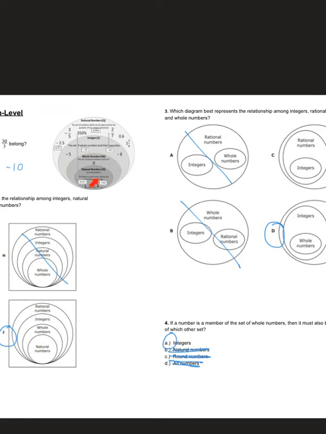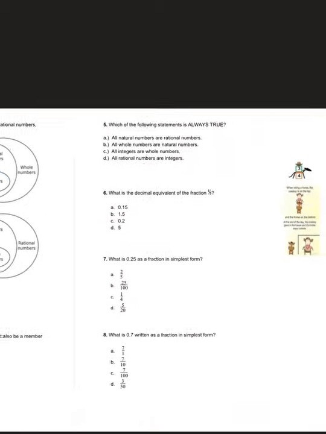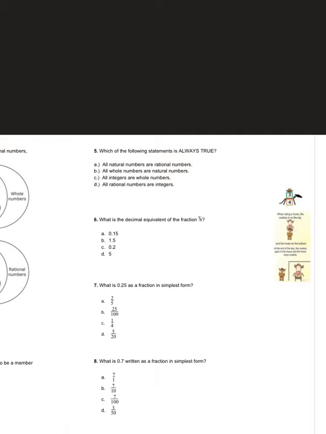Is this natural numbers shape, all of that shape, within the big rational shape? Yes, it is. So that means all of these natural numbers are in the rational number group. So that one is true, but I would still always reread through the other answer choices, just in case.